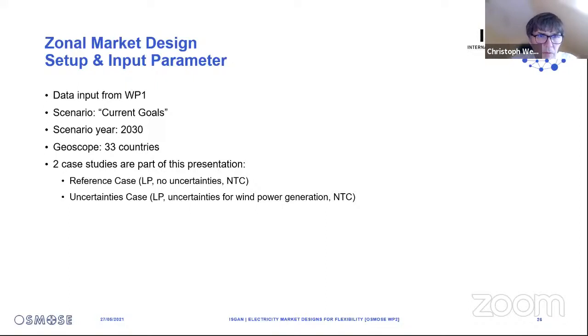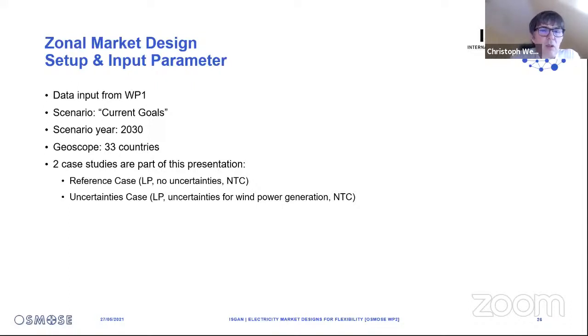What we will see in the following, with some results, are especially comparisons between a reference case where we do not include forecast uncertainties, and a case where we explicitly model, as has also been part of our work in OSMOSE, correlated forecast errors that evolve over time and are also correlated between the different regions covered in the model.